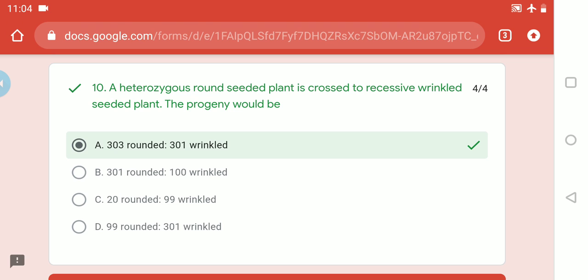But if you compare the other options, there will be a lot of difference. The remaining ones are not the nearest to 1:1. So that's why option A is the right answer. Okay, write down. This is the logic and the distractor for this question. It is also related to the test cross.